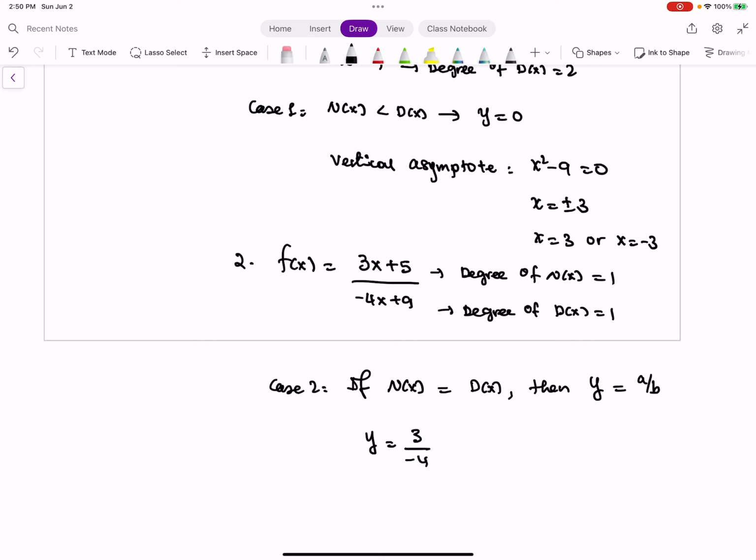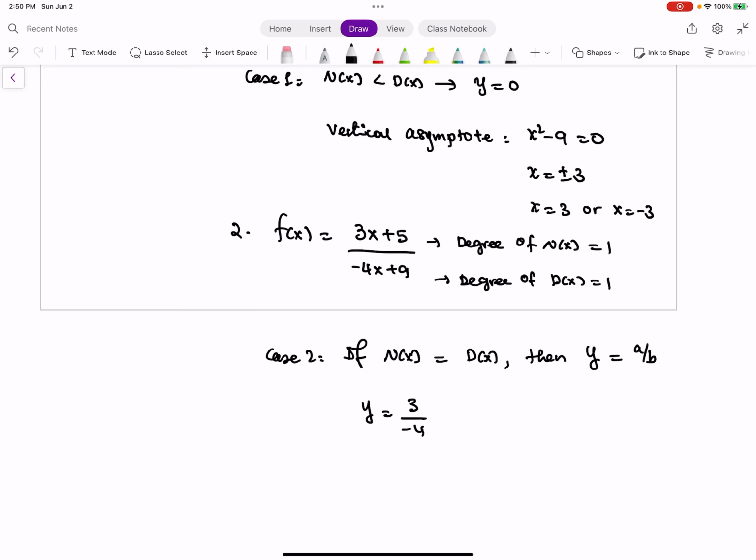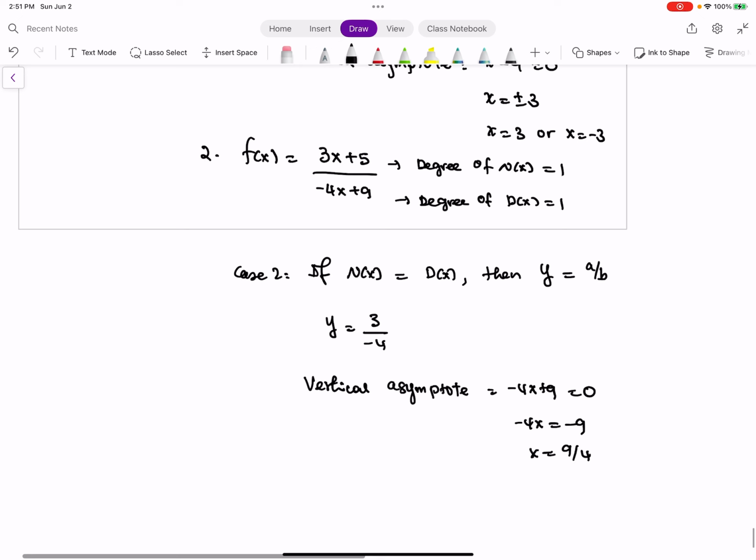That is the horizontal asymptote. However, the vertical asymptote should be determined from the denominator. Set the denominator to 0: minus 4x plus 9 is 0, minus 4x is equal to minus 9, and x is equal to 9 over 4 is a vertical asymptote.